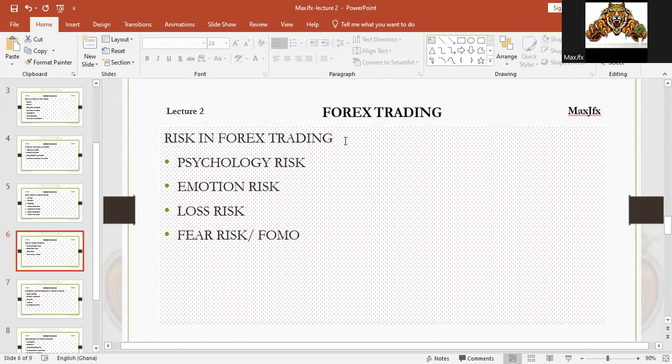Do you get it? So you just click to enter the market. That's the fear mode. You fear that you will miss out on the trade because you think your prediction is right and the market will go. You fear that the market will go and leave you.